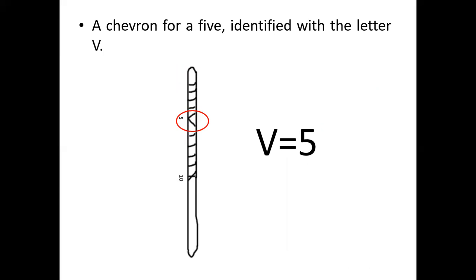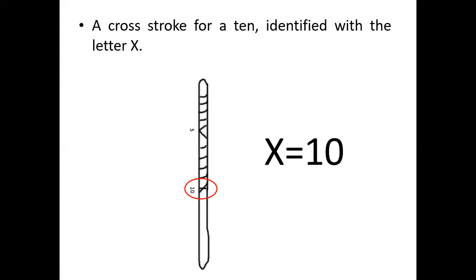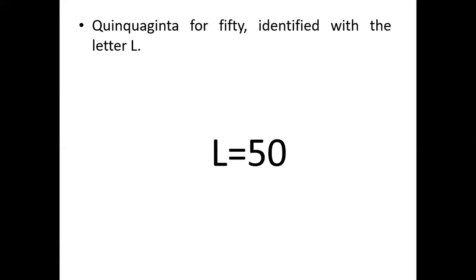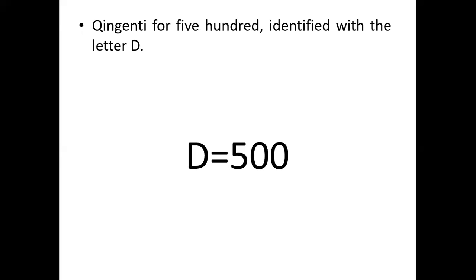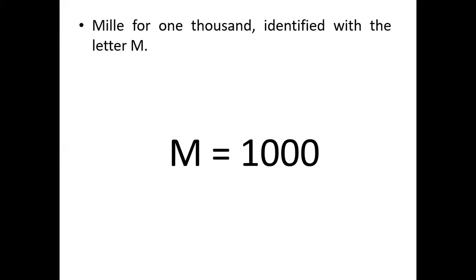A chevron is used for a five, and it is identified with the letter V. A cross, or a stroke for 10, is identified with the letter X. Quinquaginta is for 50, identified with the letter L. Centum for 100, identified with the letter C. Quingenti is for 500, identified with the letter D. And mille for 1,000, identified with the letter M.